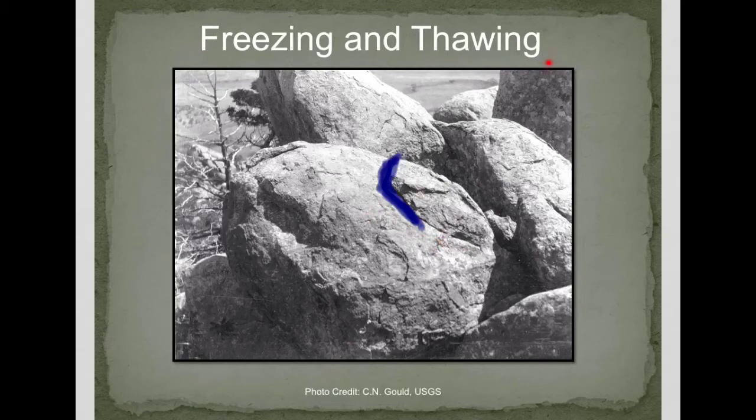Then the water will thaw, which means it'll turn from ice back to liquid water. And it can either run out, or if it's trapped in there, it'll stay in there. And the next time it freezes again, it'll make the crack thicker and longer until it completely breaks off a piece of the rock because it's cracked all the way through.